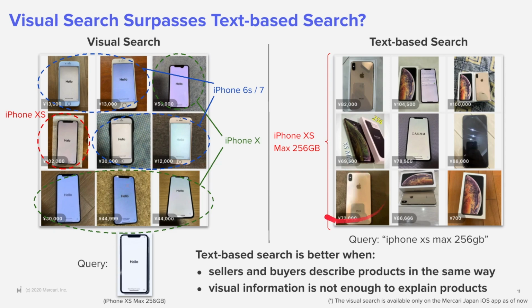As for the text-based search, all the retrieved items were iPhone XS Max 256 gigabytes accurately. When sellers and buyers describe products in the same way and or visual information is not enough to explain products like storage size, text-based search is totally better than visual search. So sometimes visual search is better, sometimes text-based search is better.